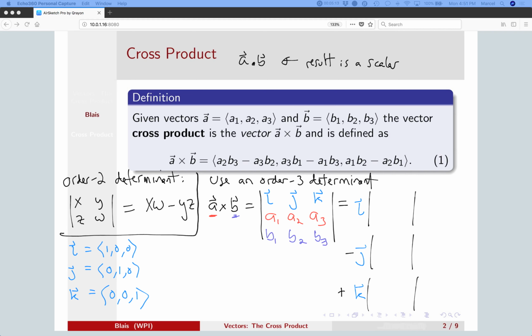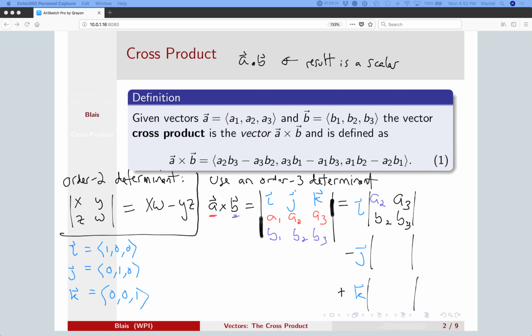And the way you get these 2 by 2s is as follows. For this first one with I, take the row and the column that include I, erase those, and what remains gives us our 2 by 2. So in this case, the 2 by 2 for the I term, we just write right over here. So we have A2, A3, B2, B3.